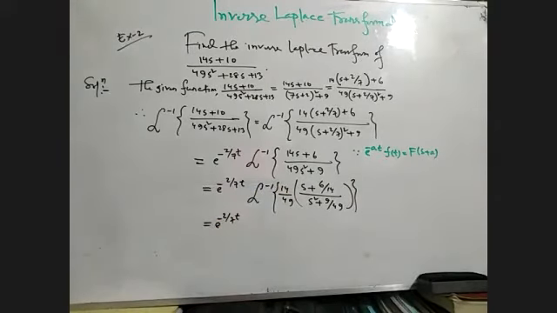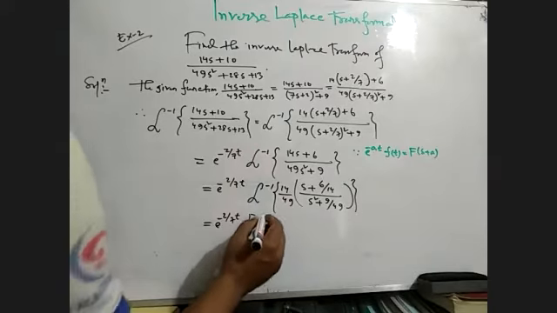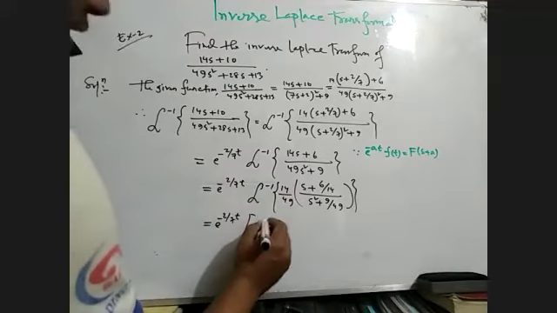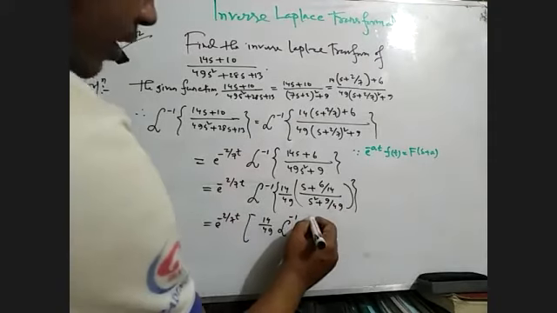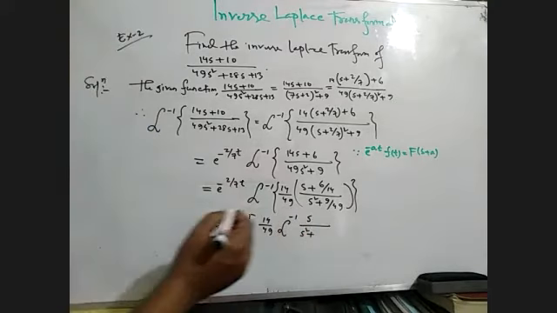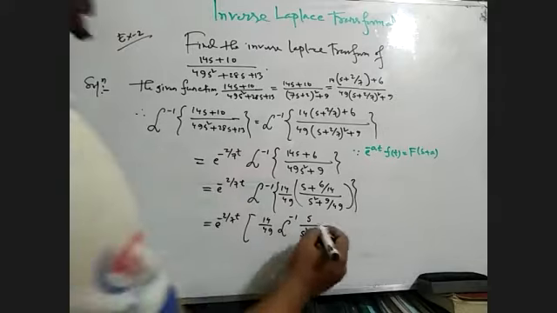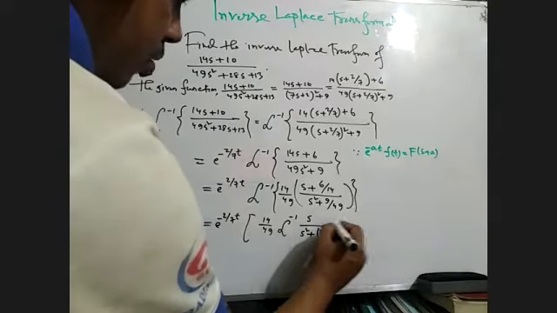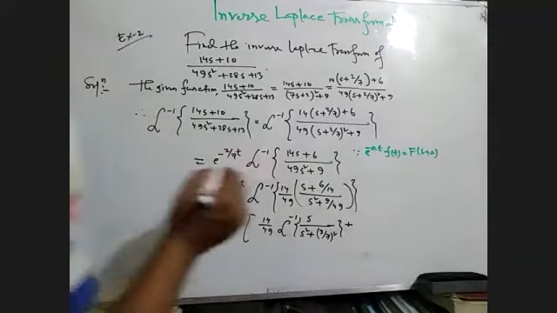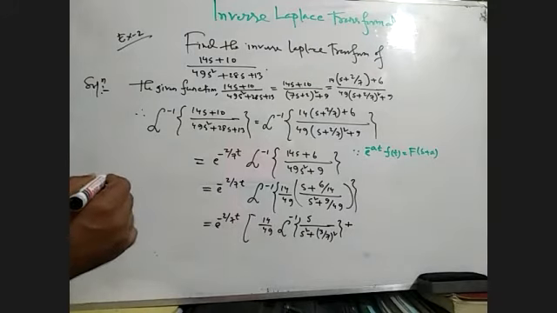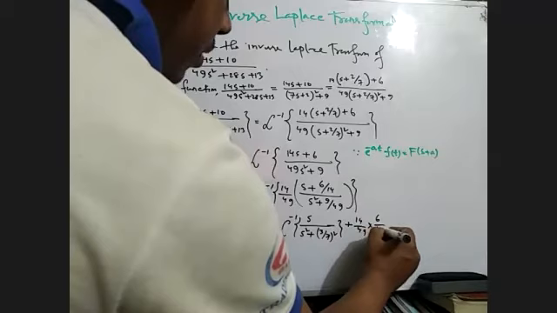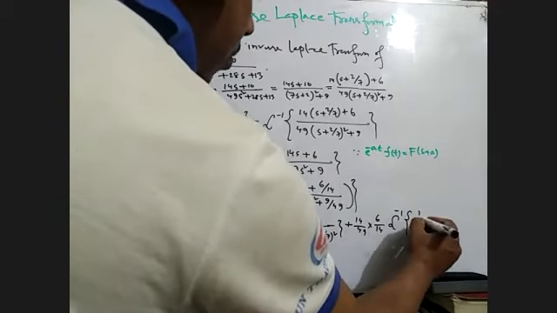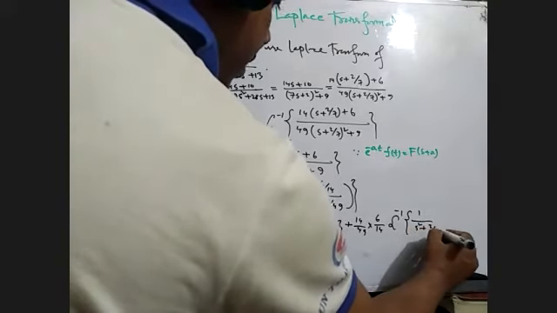So the inverse Laplace transformation of this can be written as, this is the constant term, so you can write this one: the inverse transformation of s divided by s square plus 3 by 7 whole square, plus 6 by 14, 14 by 49 multiplied by 6 by 14 inverse Laplace transformation of 1 divided by s square plus 3 by 7 whole square.